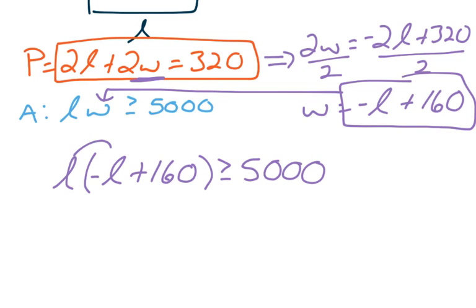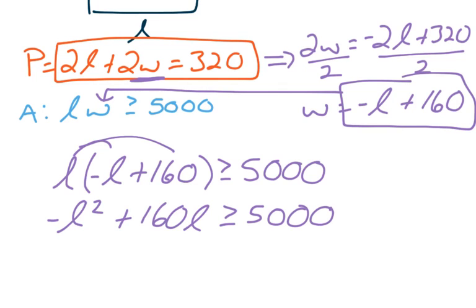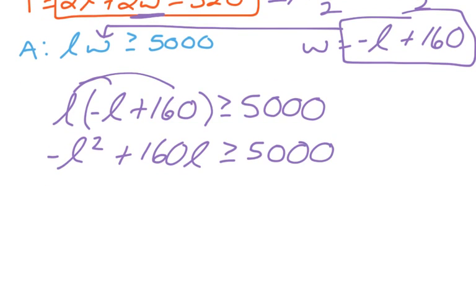We'll distribute here. L times negative L is negative L squared, L times 160 is 160L, and then we're greater than or equal to 5,000. So really we're solving this inequality here. We need it to be equal to 0, so we'll keep working in purple here.